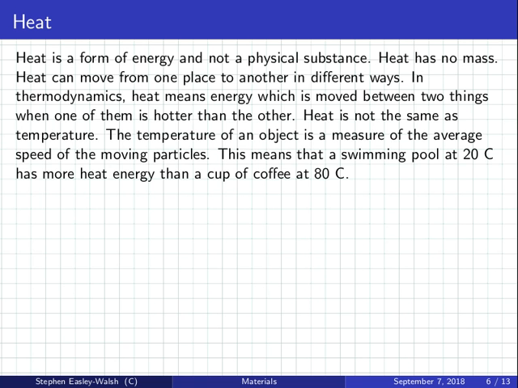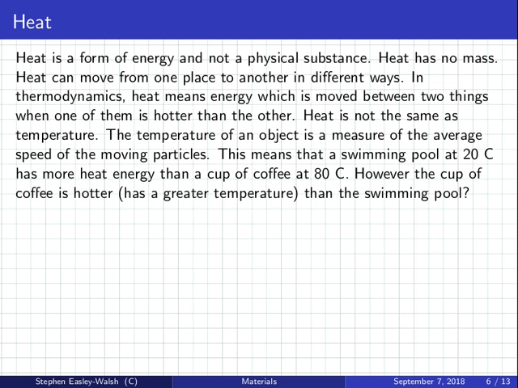Now, why does the swimming pool at 20 have more heat than coffee at 80? What do you think makes the swimming pool have more heat energy than the coffee cup? It's just more particles, yeah. So there's more energy in total. But we say the coffee cup is hotter.